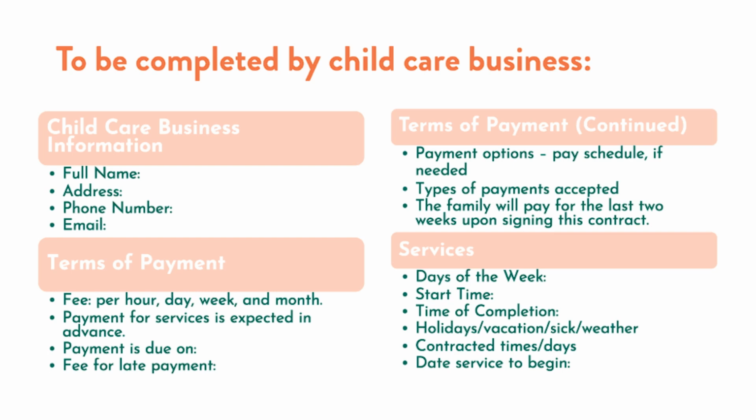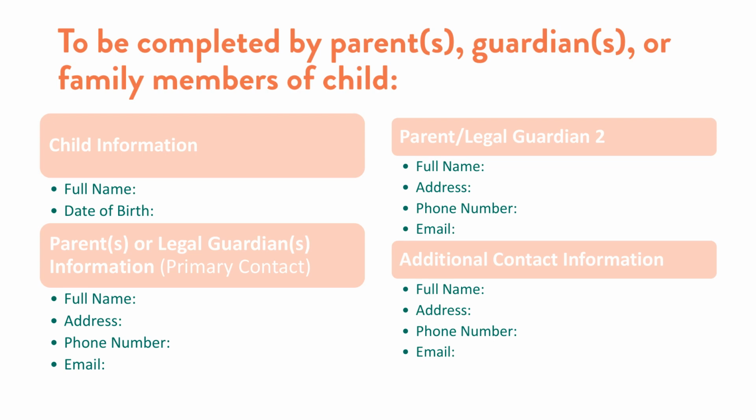The family will pay for the last 2 weeks upon signing this contract, as well as the services offered, operating hours, including days of the week, start time, time of completion, and any holidays and vacation closures, as well as sick or weather closure policies. The contracted times and days, and the date service is to begin. The family will complete the next section, to be completed by parents, guardians, or family members of child: the child's full name and date of birth.